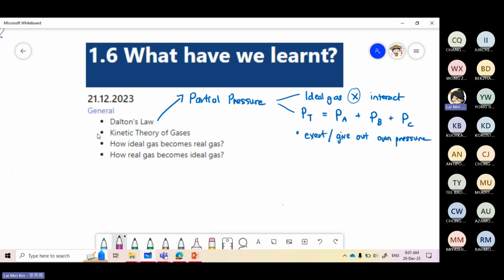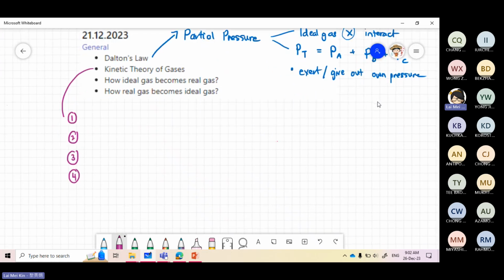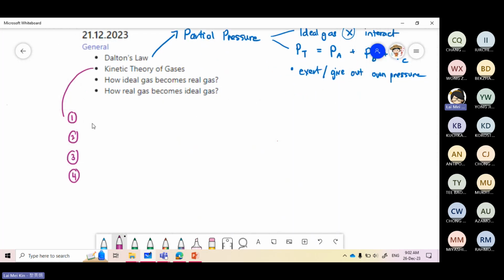Next, we learned about the kinetic theory of gases. There are four, I think. What are the theories that we outlined about ideal gases? How do ideal gases behave? Negligible size. If you cannot use the word negligible, you just say the size is too small, the size is not significant. What else? Constant random motion.